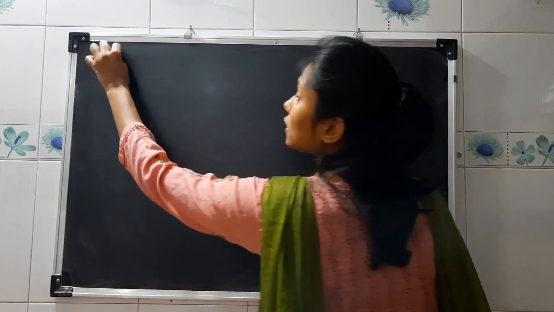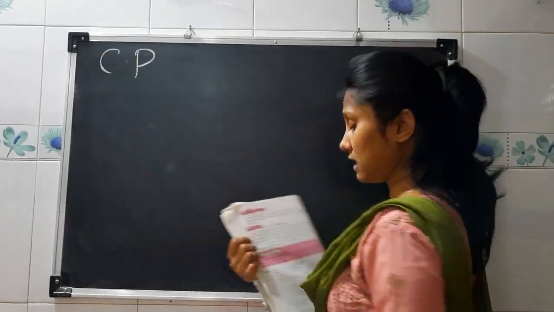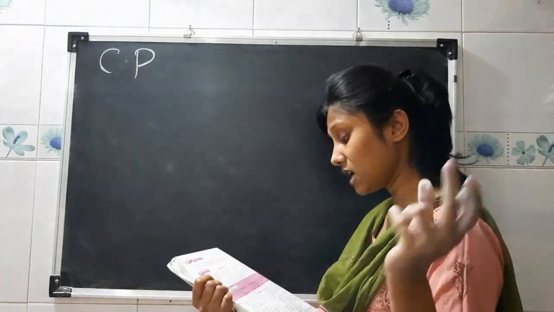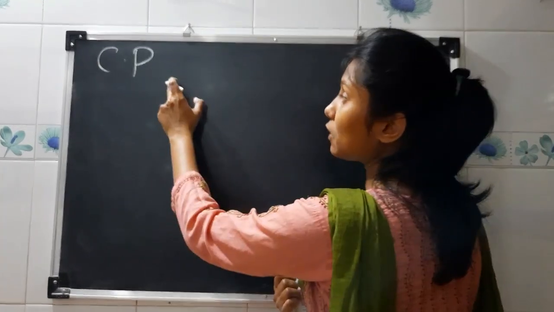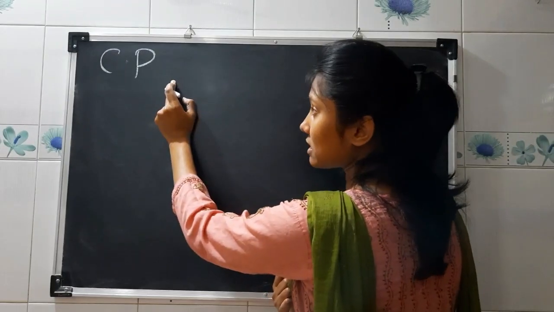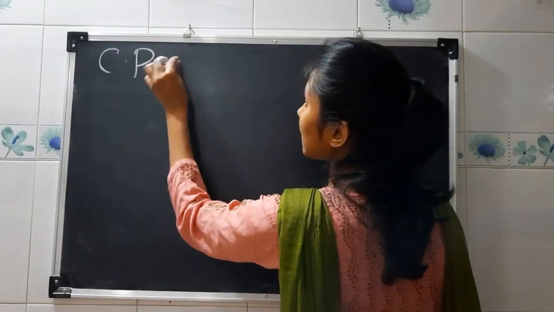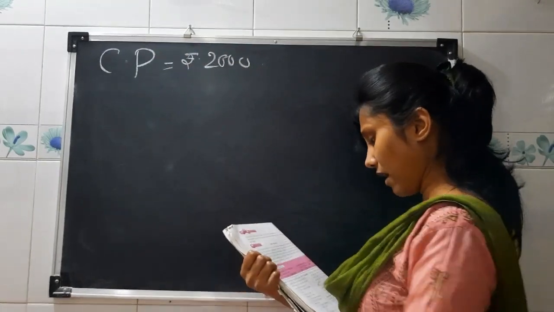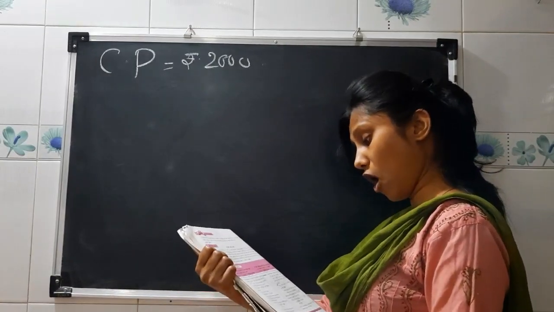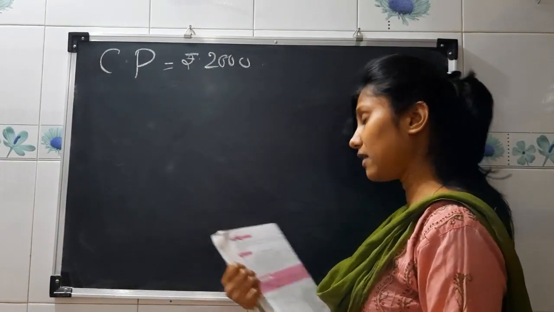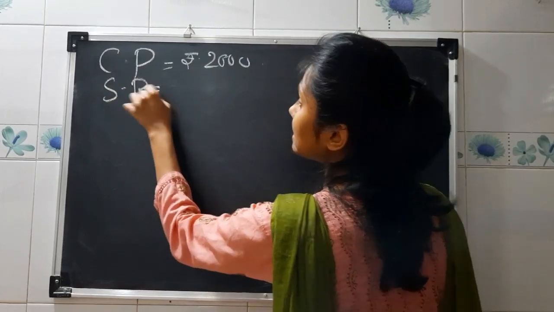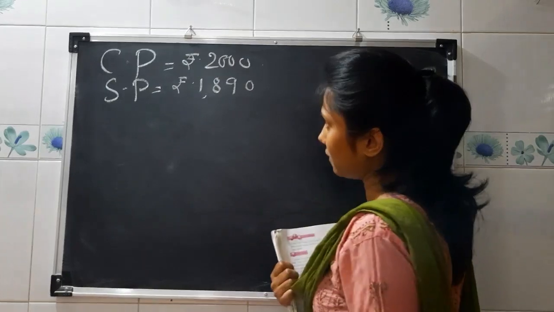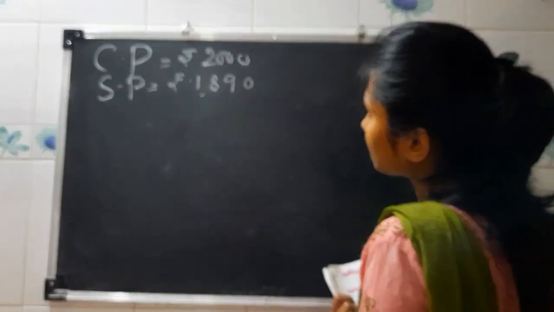The price at which we buy or purchase something is called the cost price. So the cost price of the bananas is rupees 2000. And he sold them all for rupees 1890, which means the selling price is rupees 1890. Understood?